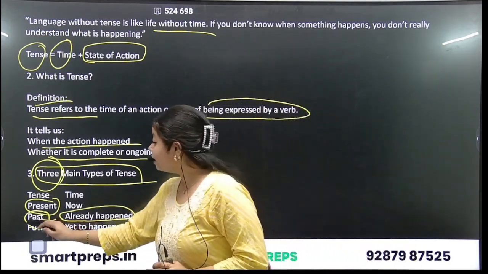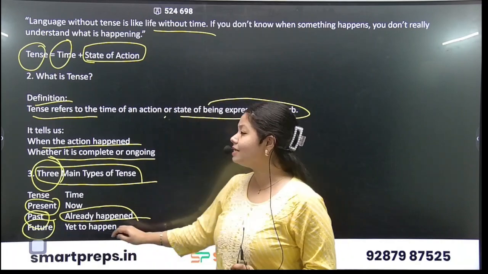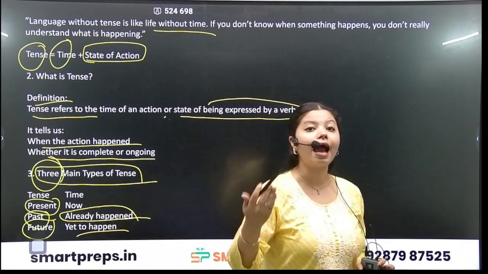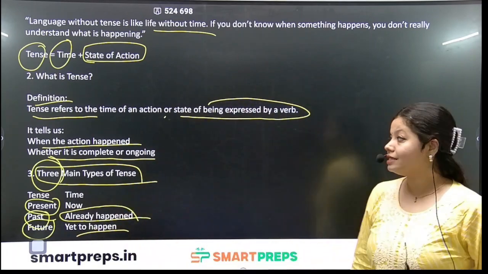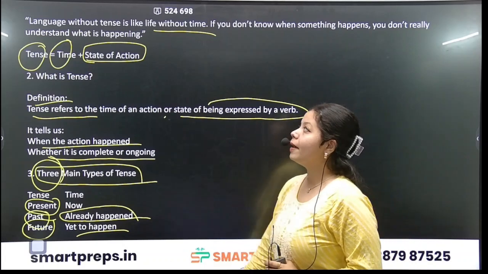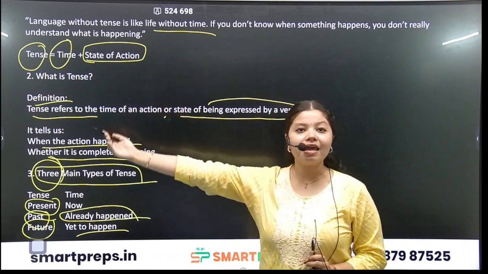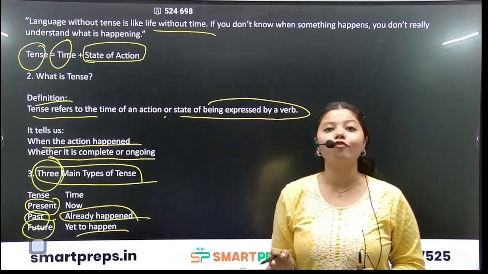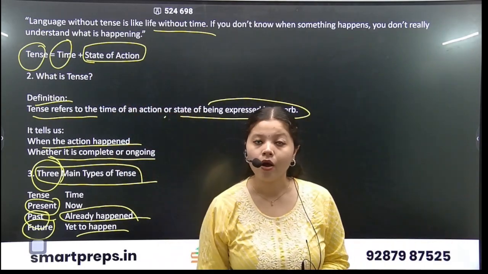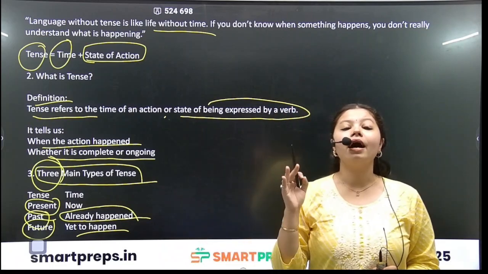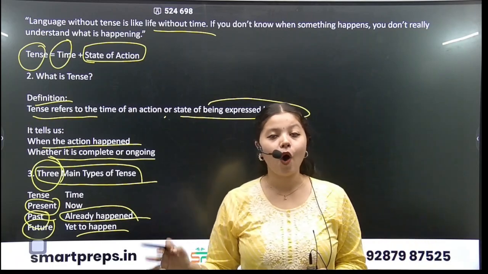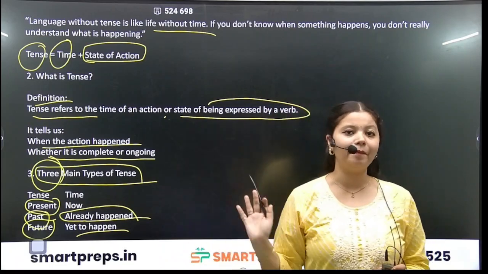And then the future. Future means it is yet to happen. It will happen in the coming time. So these are the three main types of tenses. Always remember, tense means the time and also the state of action, whether we are going to perform it in the future, or the action is ongoing, or the action has already happened.